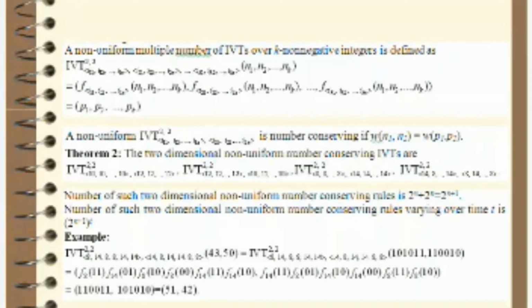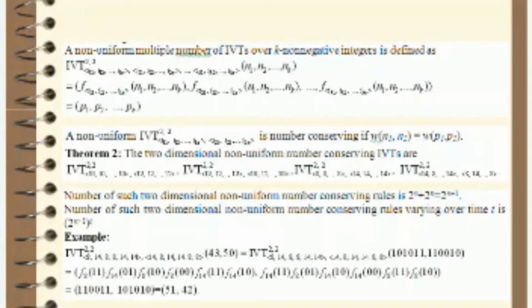All have two rule vectors, and the number of such two-dimensional non-uniform number conserving rules is 2 to the power n plus 1, and the number of such rules varying over time t is 2 to the power n plus 1 to the power t.